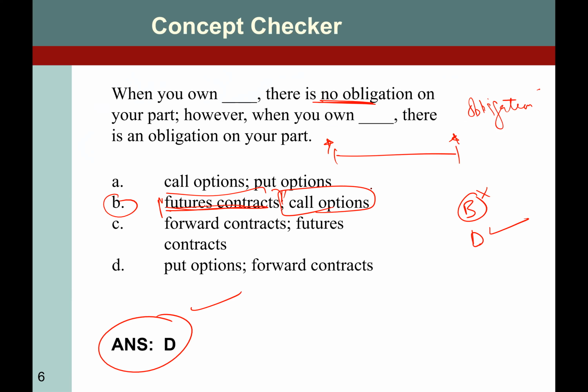Both options, put and call, there is right. So option should be first and contract should be the second part. So here, option and forward contract. So you understand? B is not the option.